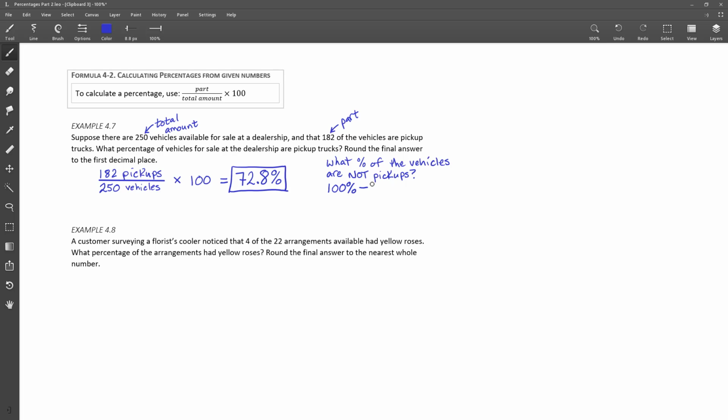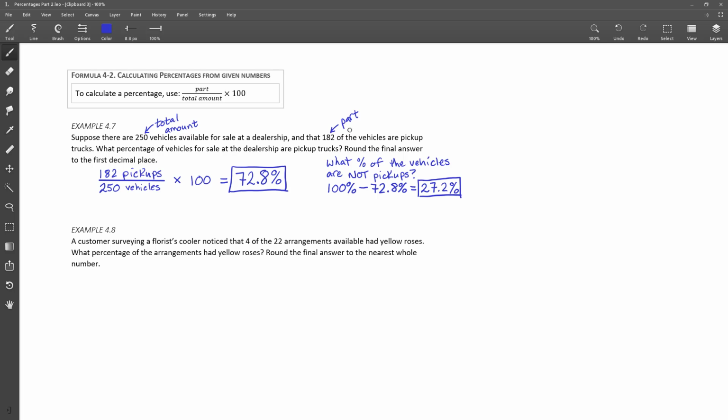We just calculated that 72.8% of those vehicles were pickup trucks. So I'm going to subtract off the trucks, and that leaves a remainder of 27.2%. So 27.2% of the vehicles at this dealership are not pickup trucks.